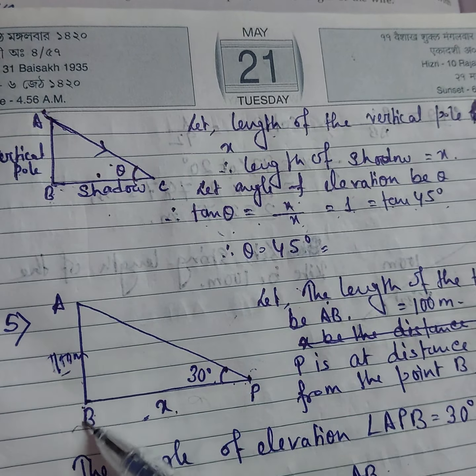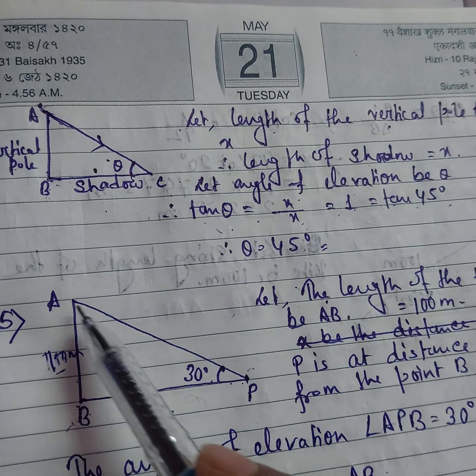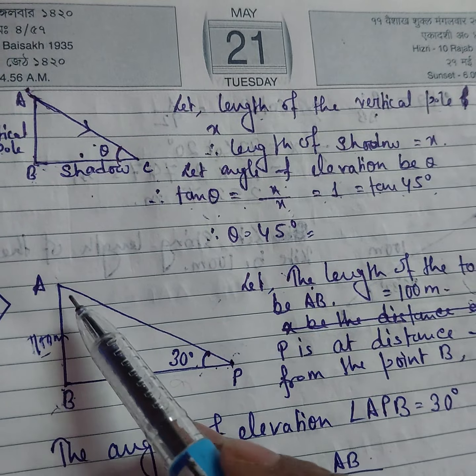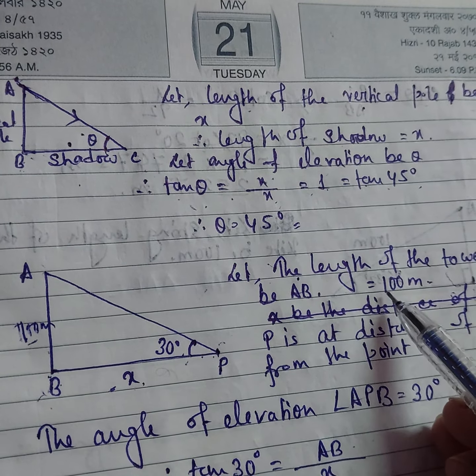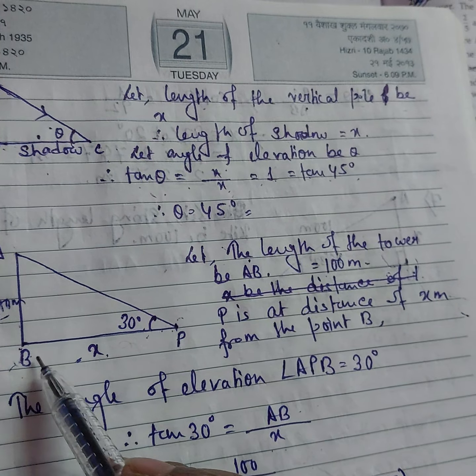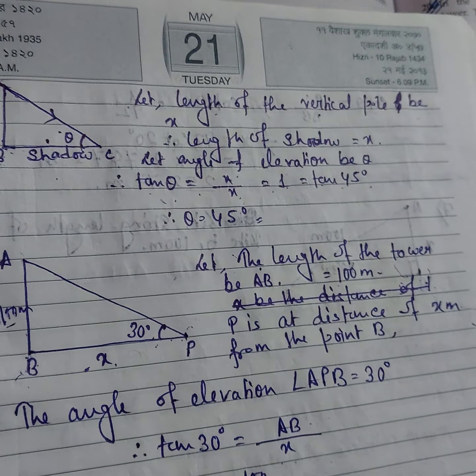This is the tower AB. So the angle of elevation from the point P to the top of the tower A is 30 degrees, and the height of the tower is given, that is 100 meters. You have to find out the distance between the foot of the tower and the point P.